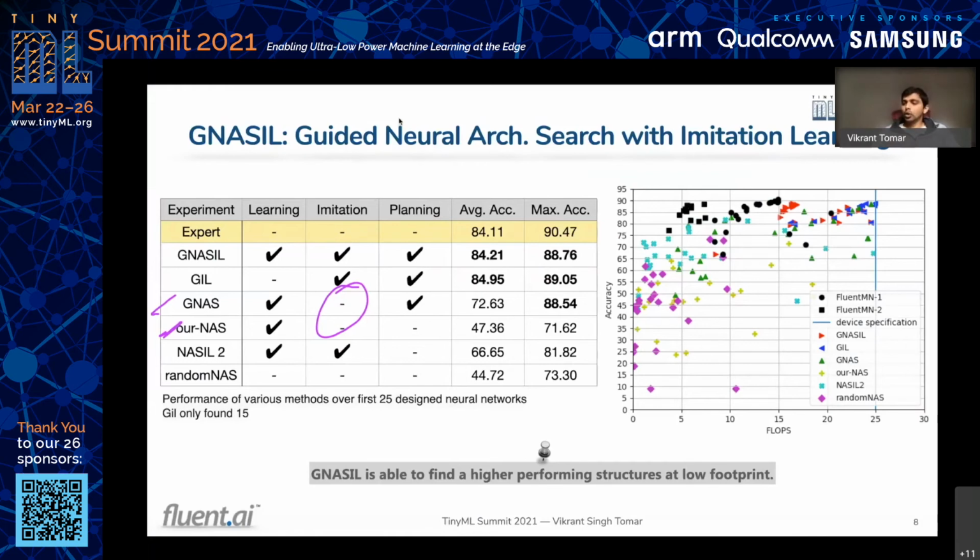So we put a cap at 25 here in megaflops. And most of these structures, like the hand-designed structure, are about 15, and the GNASIL discovered structures are a little bit larger than that.